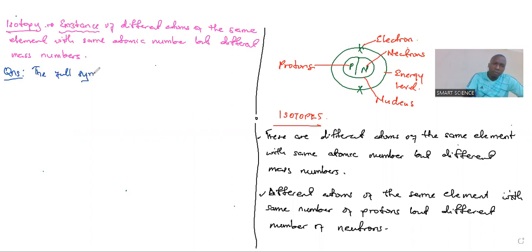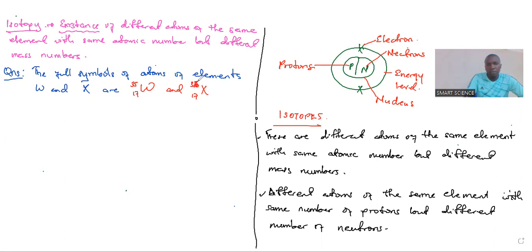Now we can meet different questions. The full symbols of atoms of elements W and X are W 17 35 and X 17 36 respectively.